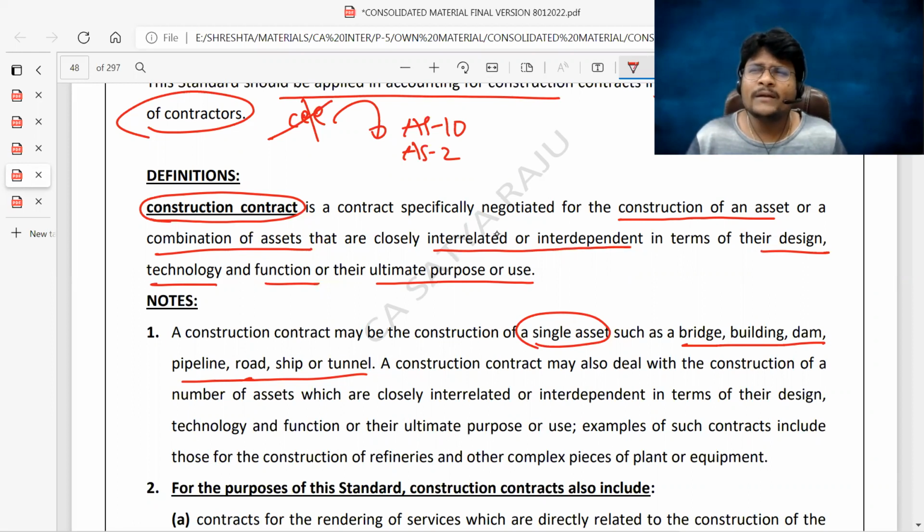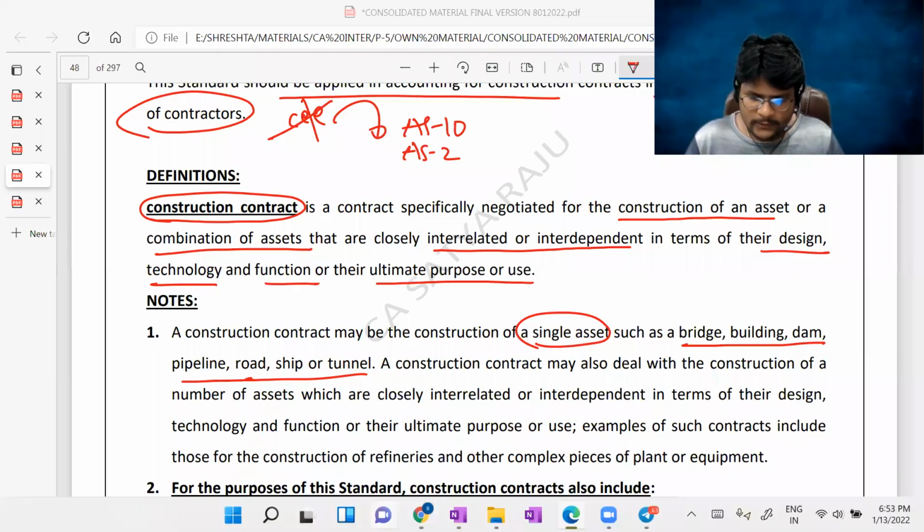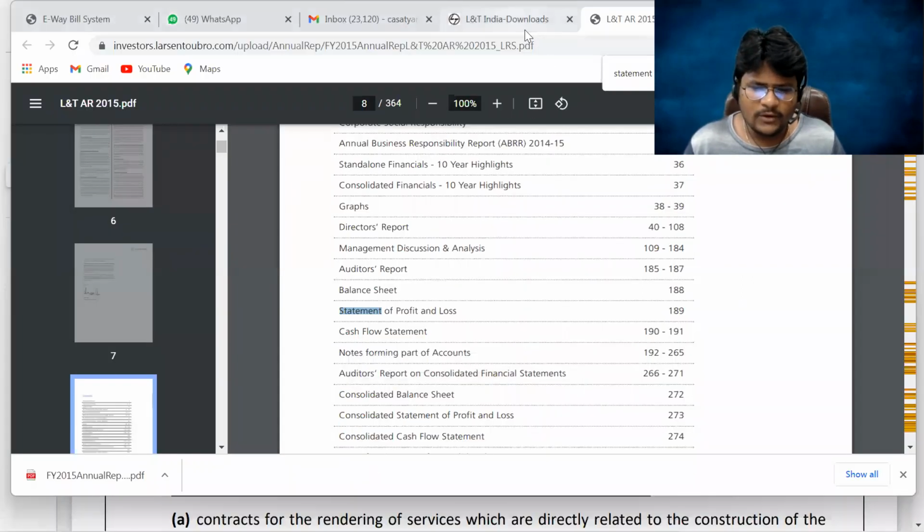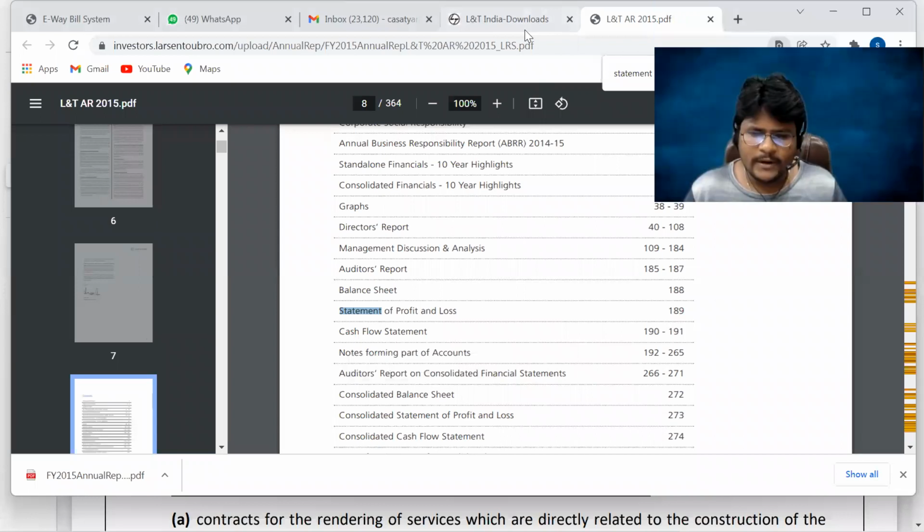Actually, one big tunnel was constructed recently by the Indian government, nearby Kashmir, I think. Just a moment, I'll check.